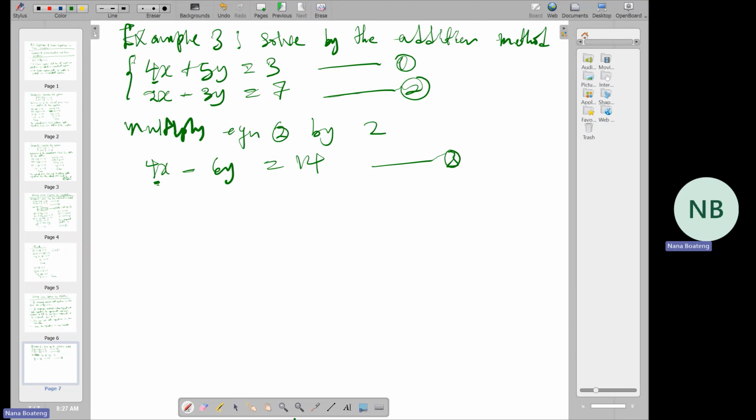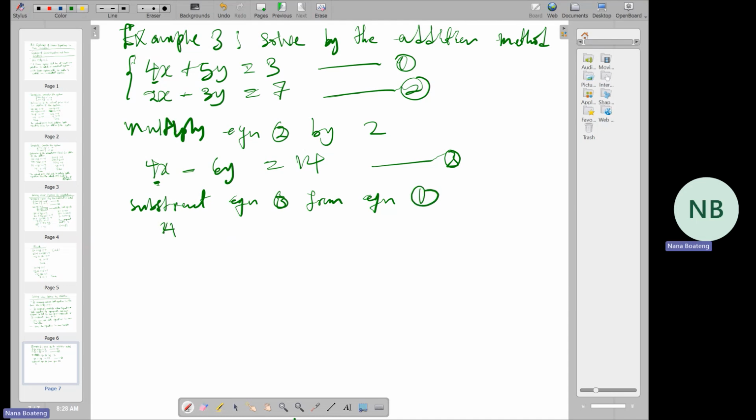So if we subtract equation 3 from equation 1, not 2, let's try it.